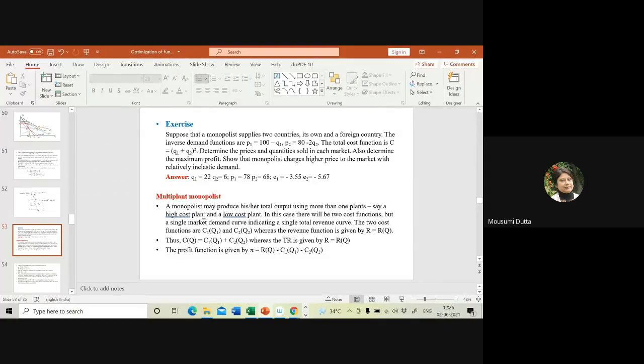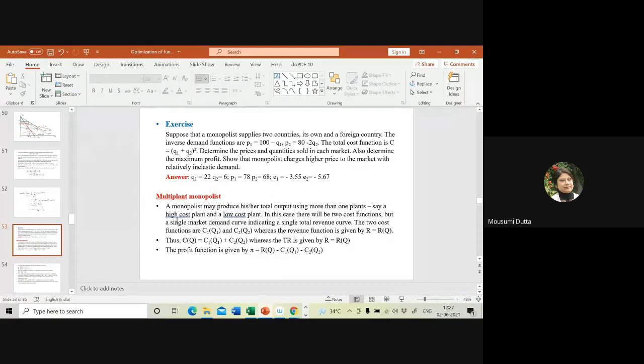Okay, extraction cost is different, and therefore one is the high-cost plant and another is the low-cost plant. So there is a monopolist producing the commodity using two plants, a relatively high-cost plant and a relatively low-cost plant. However, the monopolist is selling the entire amount in a single market.